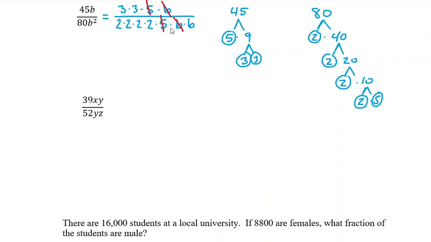So if we think of those b's as just factors, we can follow the same rules and cross off the factors that are the same, and then whatever's left over is the final answer. In this case, on top we have 3 times 3, which is 9. On the bottom we have 2 times 2 times 2 times 2, which is 16. And then, oops, don't forget the b, 16b, and there we have it.